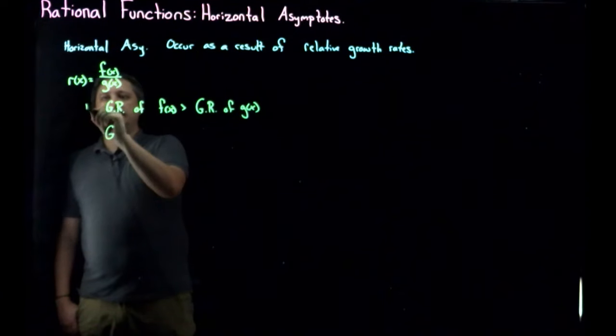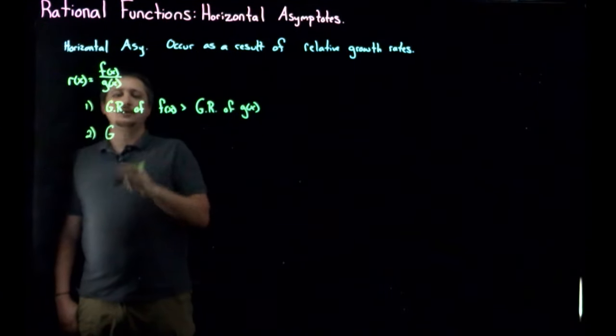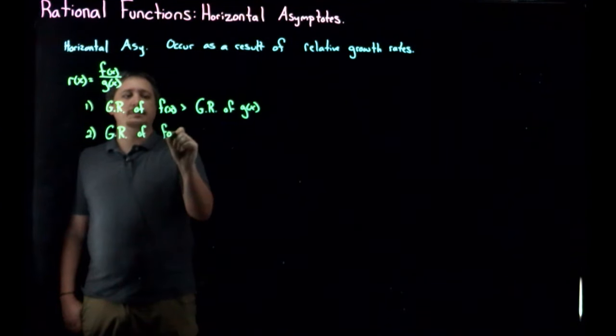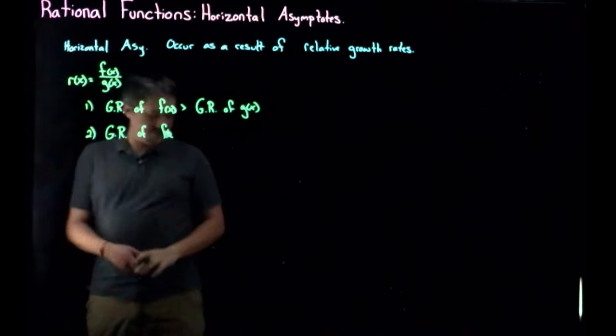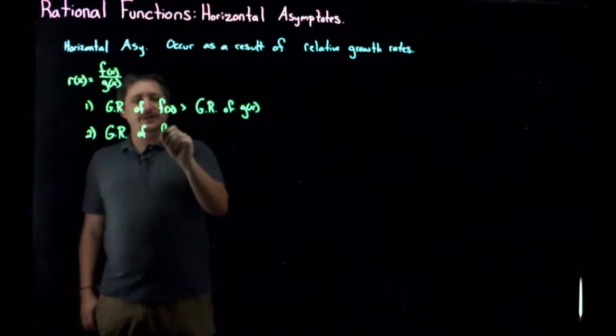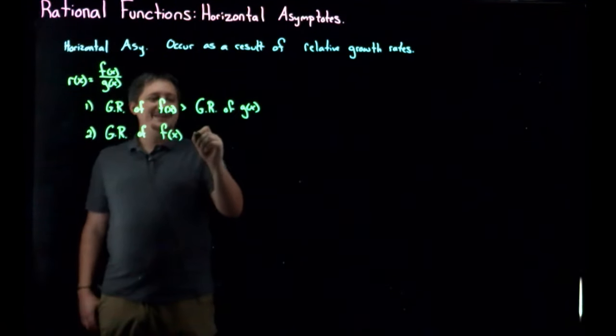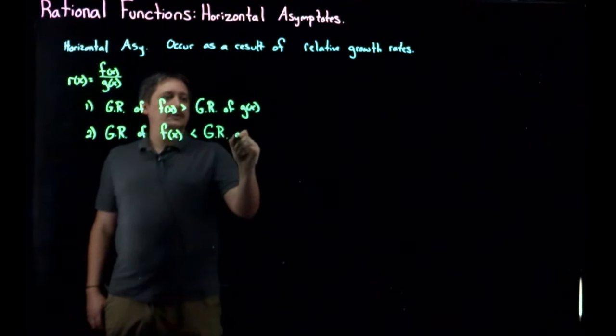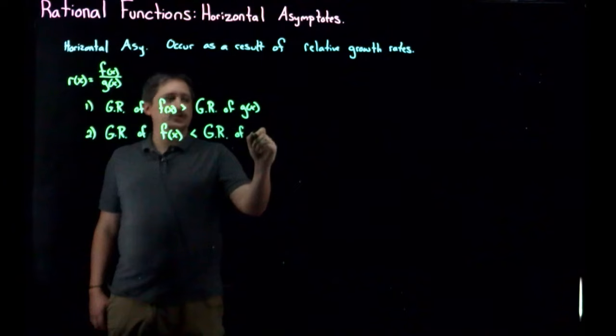That's one possibility. The growth rate of f of x, the top, f of x, wow, my writing is going a little downhill, sorry, is less than the growth rate of g of x.